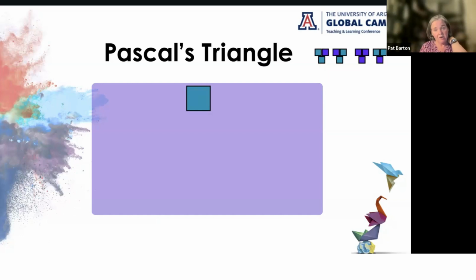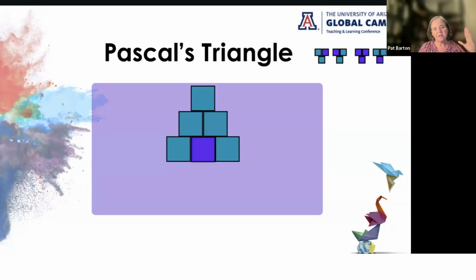So I start with a turquoise. It's turquoise purple, just like it was a 1 before, and turquoise purple. So my next row is going to be turquoise turquoise. Now I have the third row.